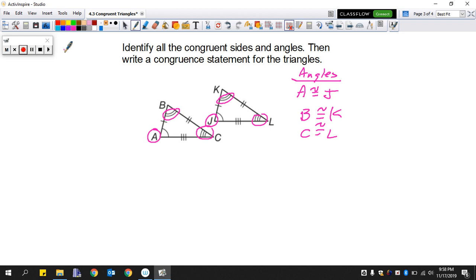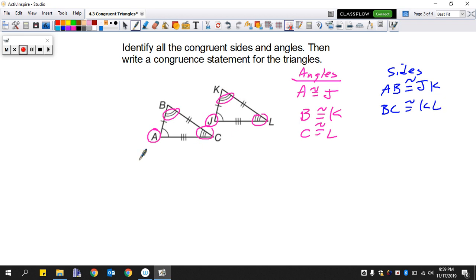And then if you're talking about the sides, AB is congruent to JK, that has the one congruency arc. Then BC is congruent to KL, with two.